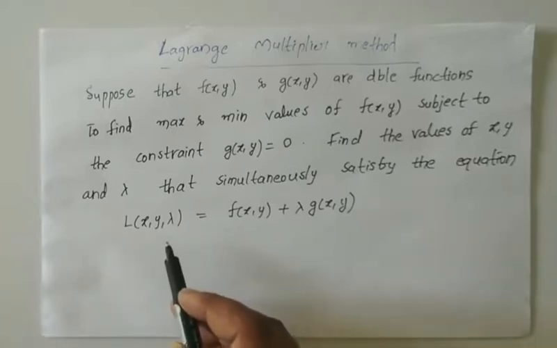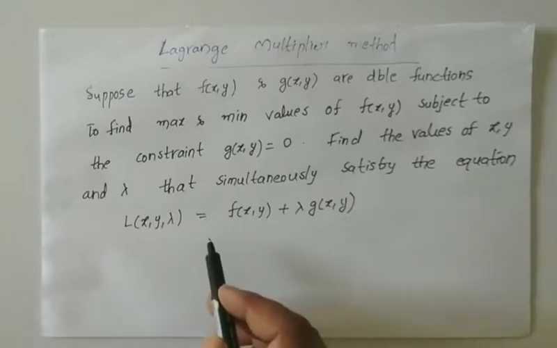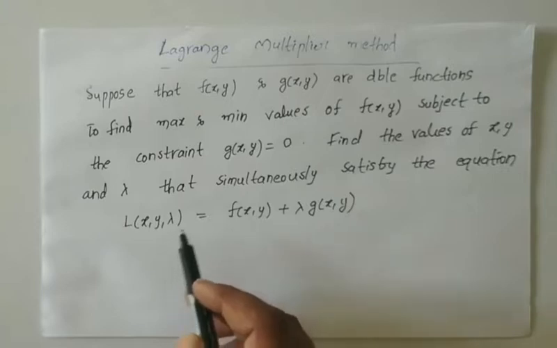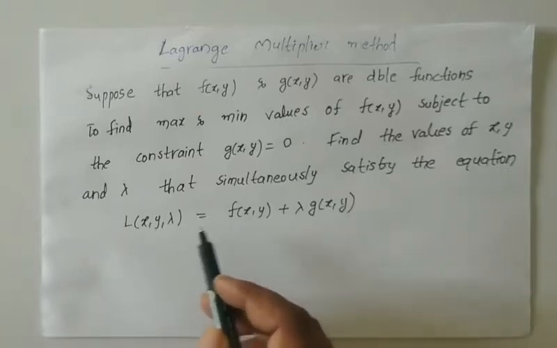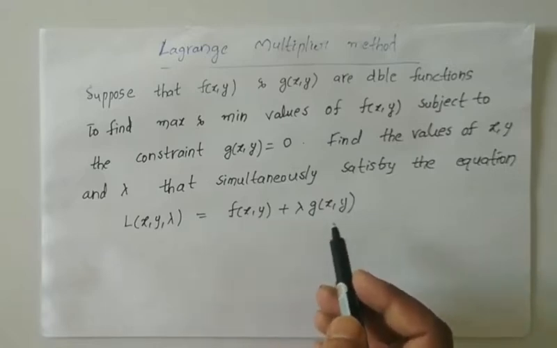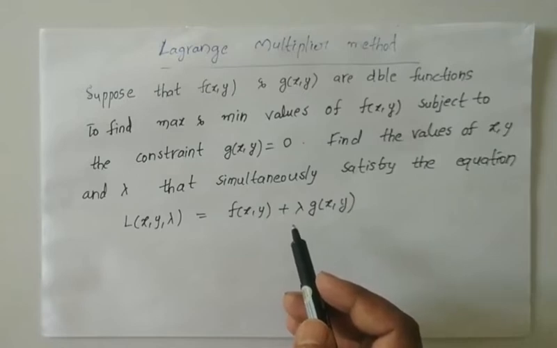For a function of 3 variables, the condition is similar but includes the other variable z. L of x, y, z, lambda is equal to f of x, y, z plus lambda into g of x, y, z.